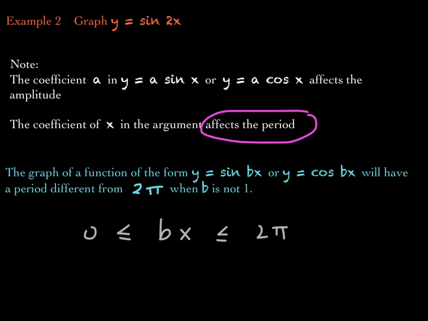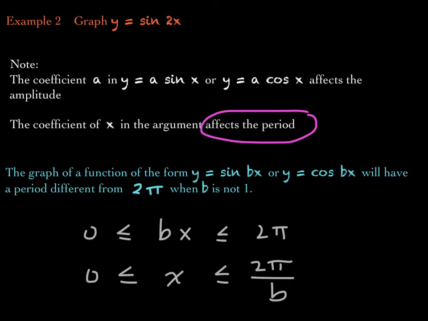Therefore, to find the period of either of these functions, sine or cosine, we must solve this 3-part inequality here. We must allow the argument to run from 0 to 2 pi in order to take on all the possible values for these functions. So if we solve here for x by dividing both sides by b, 0 divided by b is just 0, bx divided by b is just x, and 2 pi divided by b is 2 pi over b.